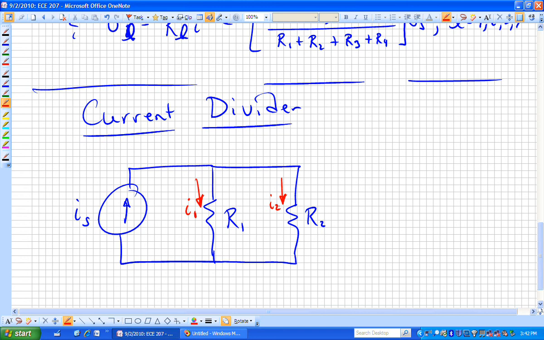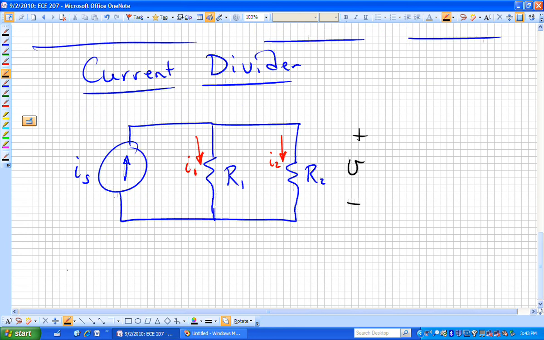In this case, we're given a current. If somebody could find that voltage, we would be done, because we know Ohm's law: V equals I times R, or I is equal to V over R. If we know the voltage and we know the resistance, we can figure out what current is flowing through that resistor.